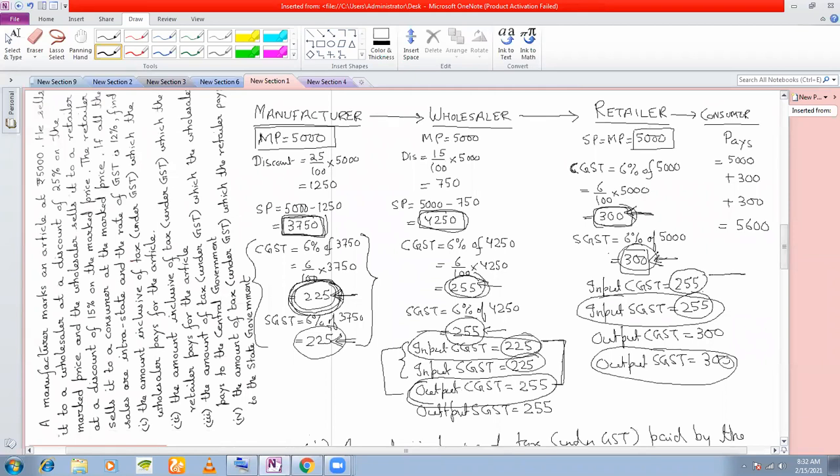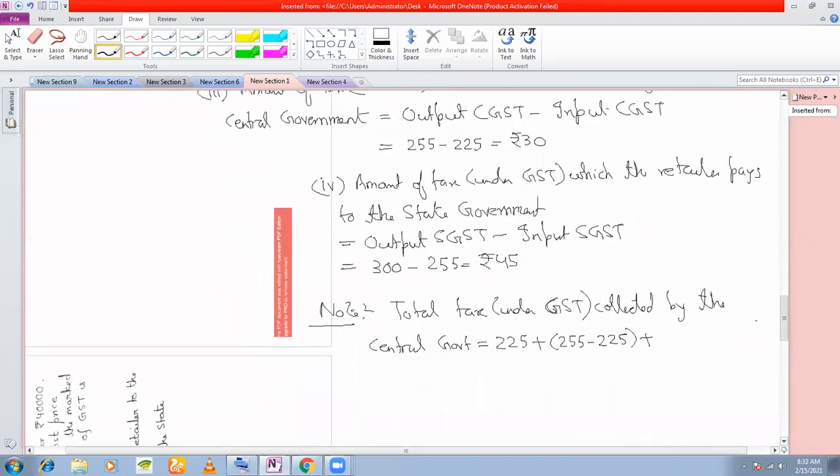The difference of his output and input: 300 minus 255. So this should be 225 plus 30 plus 45, and this comes to 300 rupees in total.